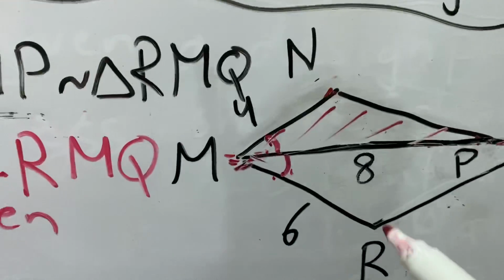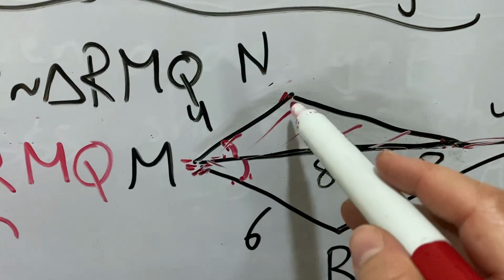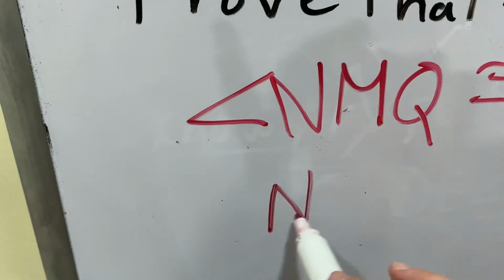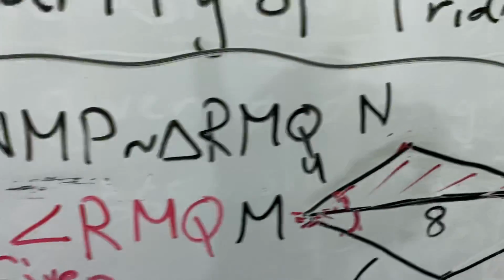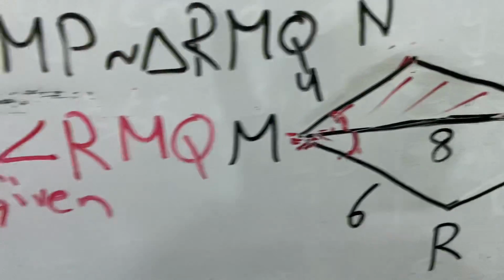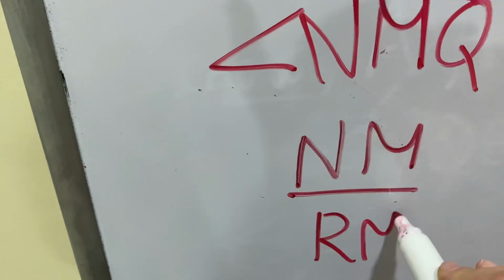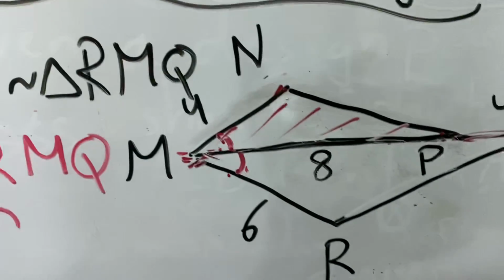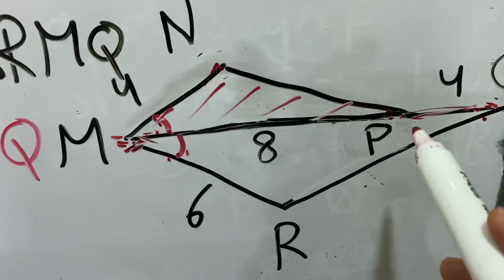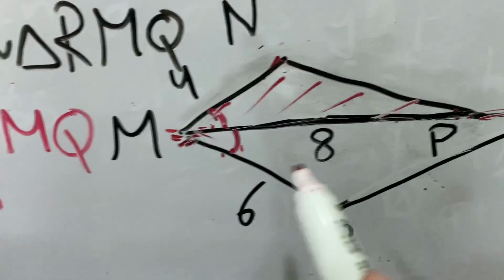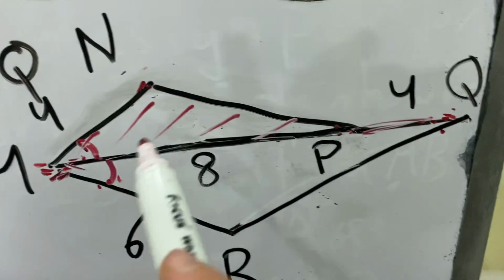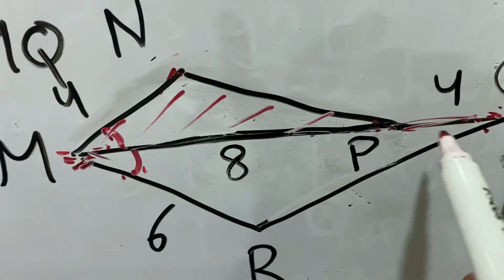Before I name them in numbers, I need to name them in letters. The 4 is actually NM. So I will write NM over RM equals the side from the small triangle, MB, over this whole side from the big triangle, MQ.